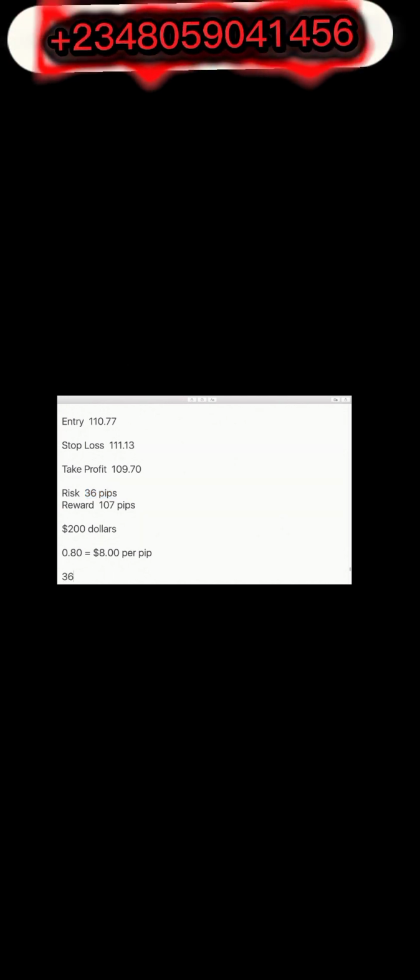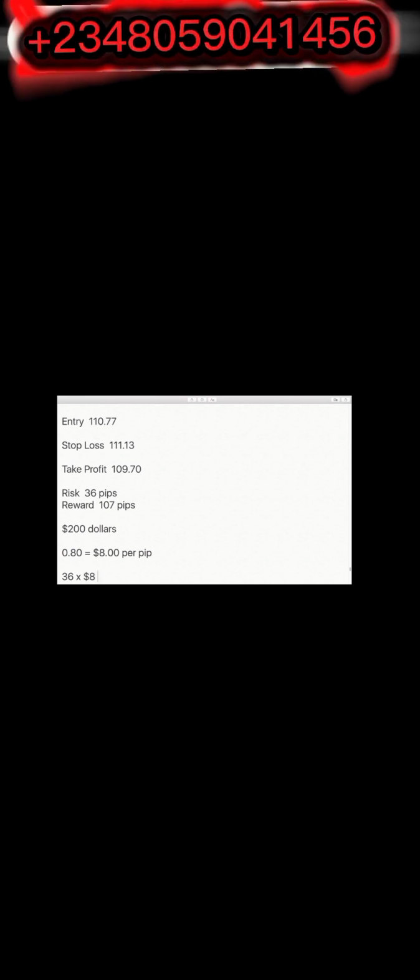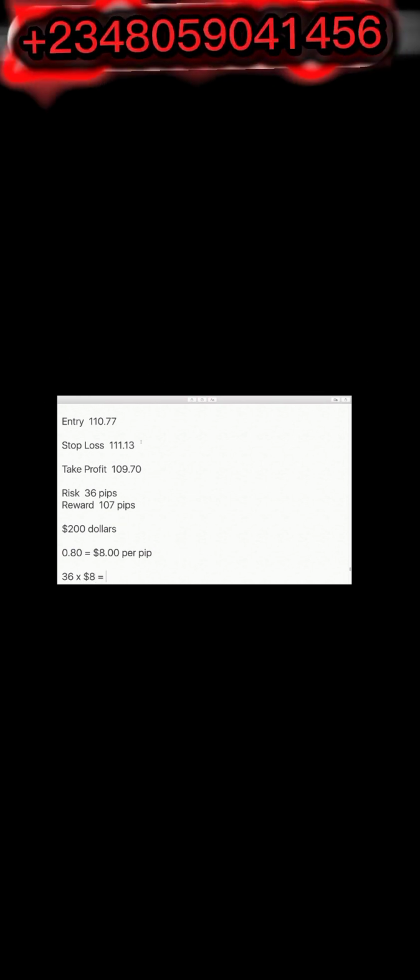If my risk is 36 pips, how much money could I lose in this example? So risk is 36 pips times $8 per pip. Let's find out: 8 times 36.